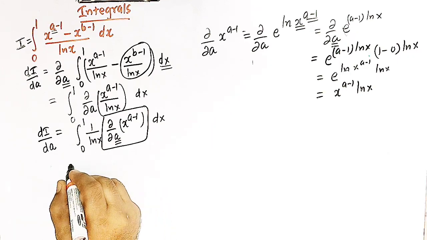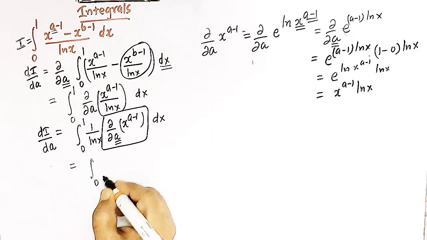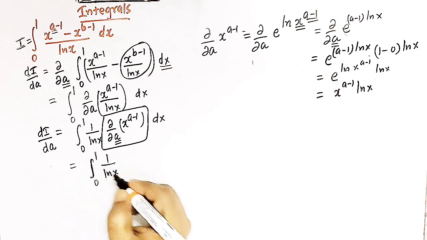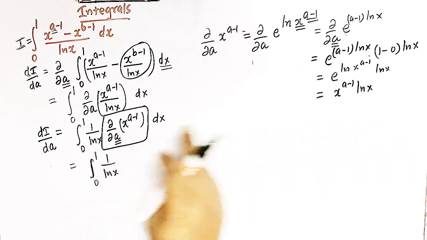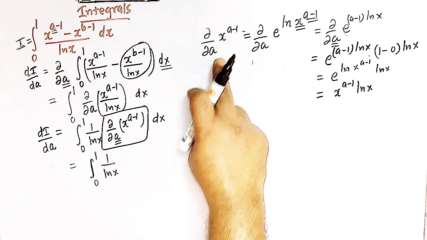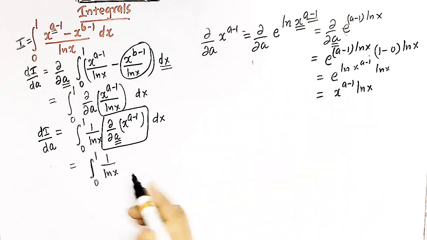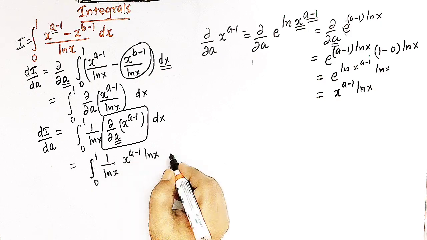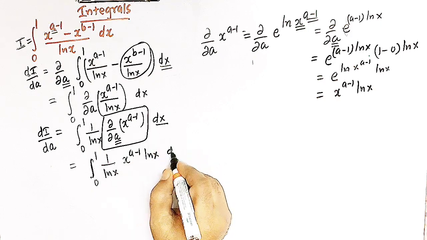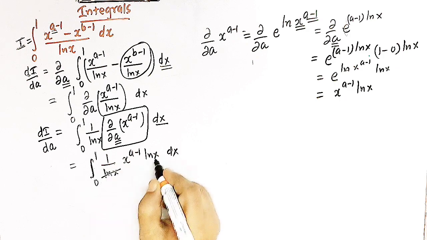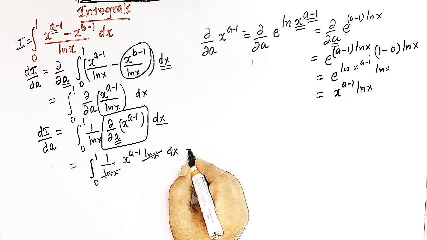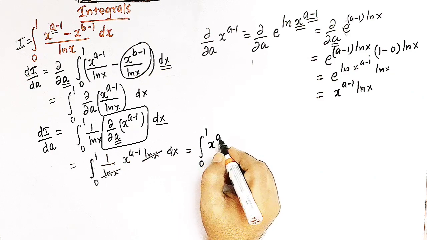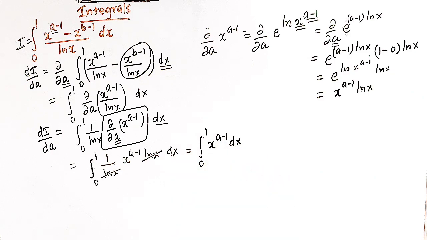So now we can write here 0 to 1, 1 over natural log of x, and the derivative of x raised to a minus 1 with respect to a is given by x raised to a minus 1 natural log of x, and here we have dx. Now these two terms get cancelled, and we have simply 0 to 1 x raised to a minus 1 dx, right?